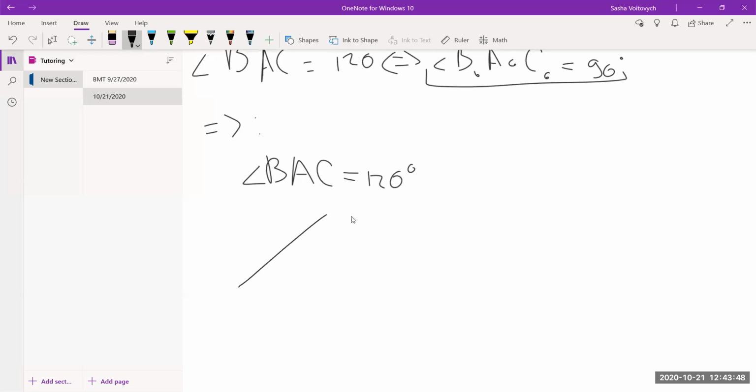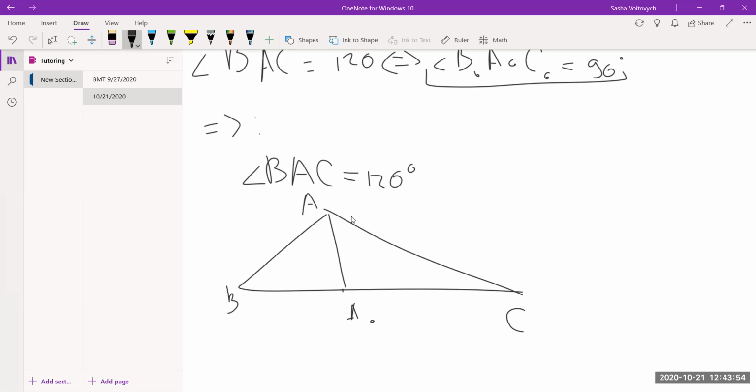So let's redraw this. P0, C0. So this angle is supposed to be 90 degrees.